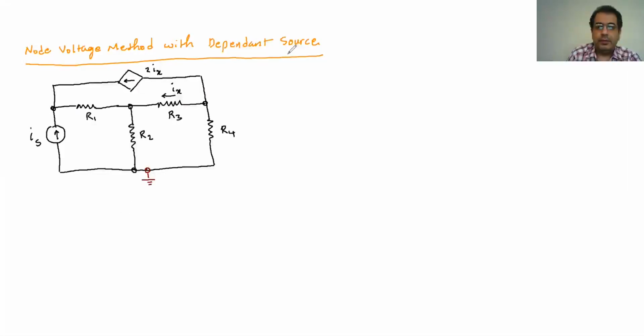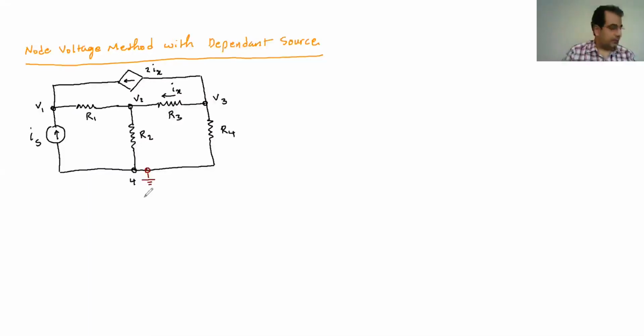If I call the voltages V1, V2, V3, then node 4 is the reference point. In other words, we consider this negative, all the others are positive, and we calculate everything with respect to node 4, assuming the voltage at node 4 is 0.